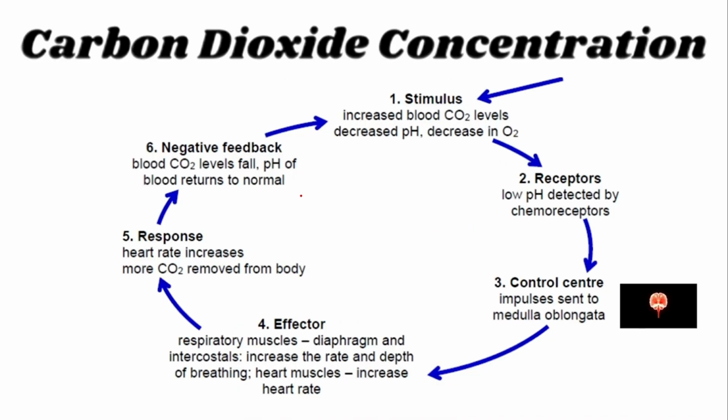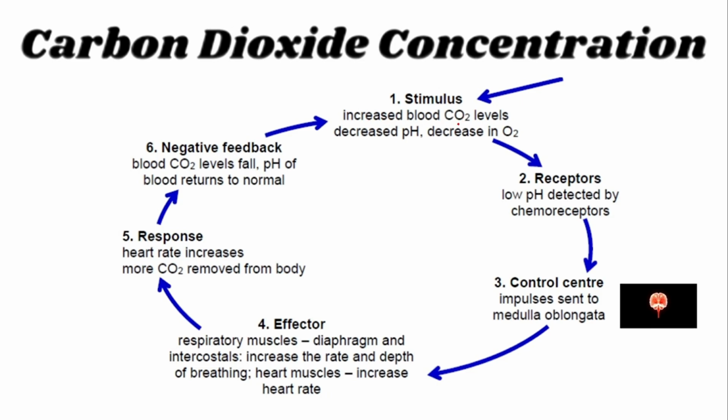And then we have carbon dioxide concentration. So again, if there's an imbalance detected, that would be the stimulus. It can start off with increased blood carbon dioxide levels, and then we have decreased pH, a decrease in oxygen levels. So think of it this way.